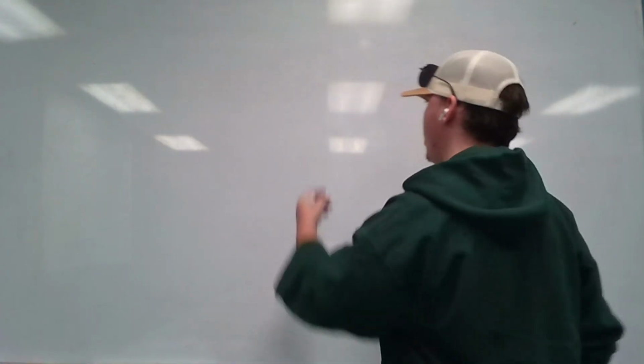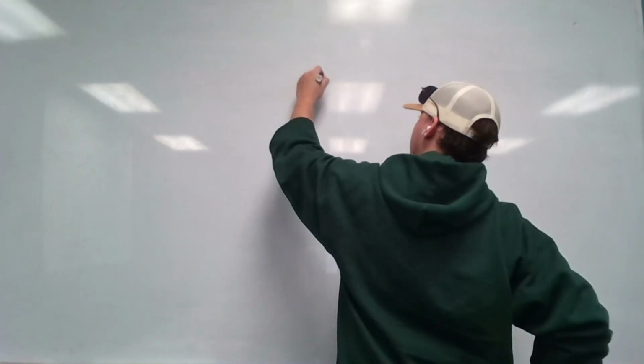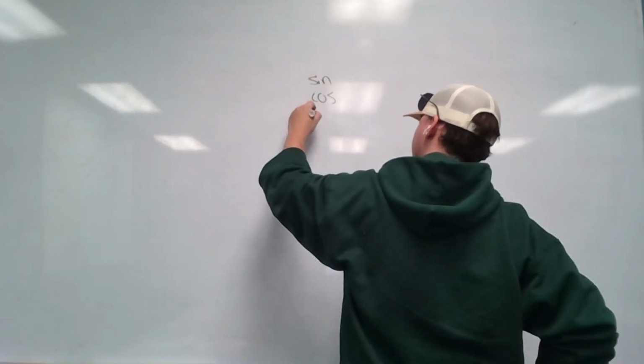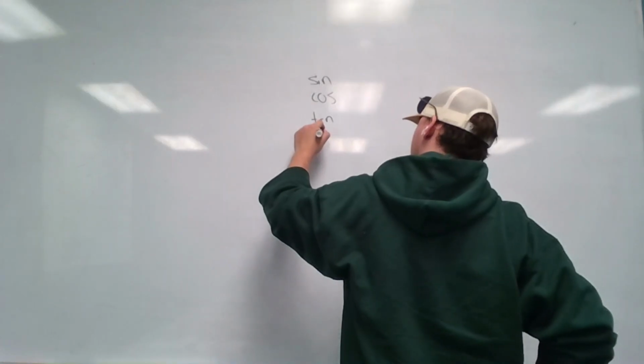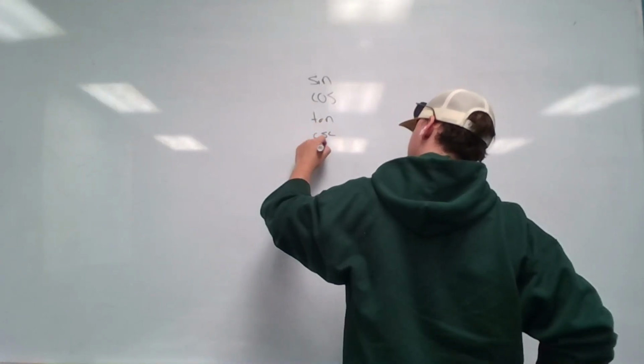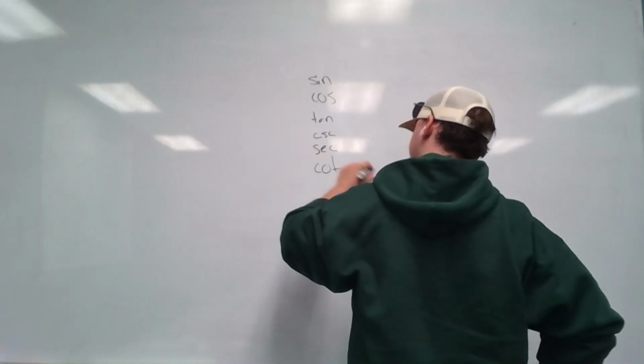For example, we have sine, cosine, tangent, cosecant, secant, and cotangent.